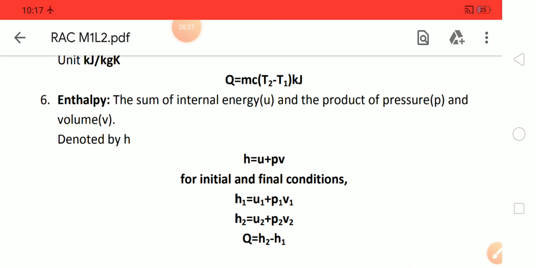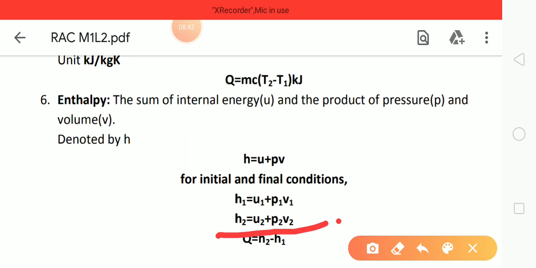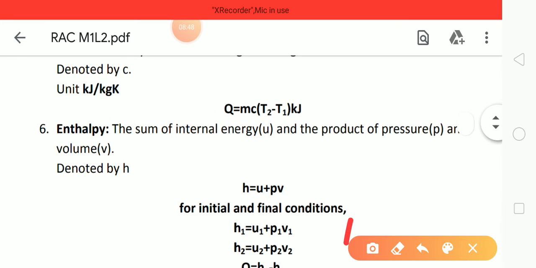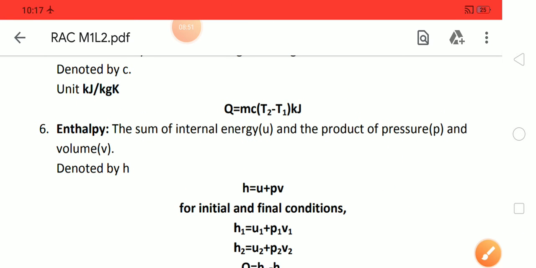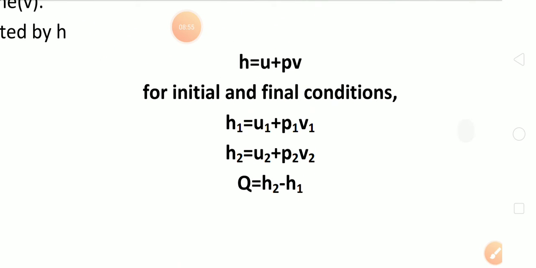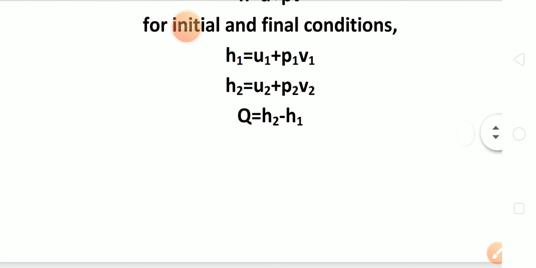Consider the initial condition: H1 is equal to U1 plus P1 V1, and for the final condition, H2 is equal to U2 plus P2 V2. So the net heat supplied here is H2 minus H1, or delta H. So that is enthalpy. This is a basic and important equation for the problems.